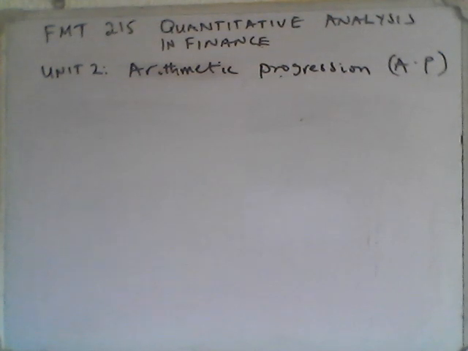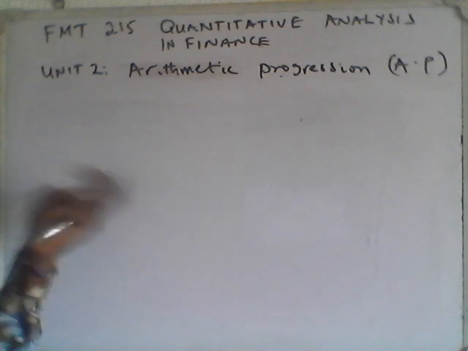So sit tight. In this section, we'll be learning about the AP series, the Arithmetic Progression series, which is one of the special series mentioned in Unit 1, where we talked about series and writing formulas for different kinds of series. An arithmetic series is a series in which the preceding term differs from the succeeding term by a constant value. Many financial problems are of this nature.